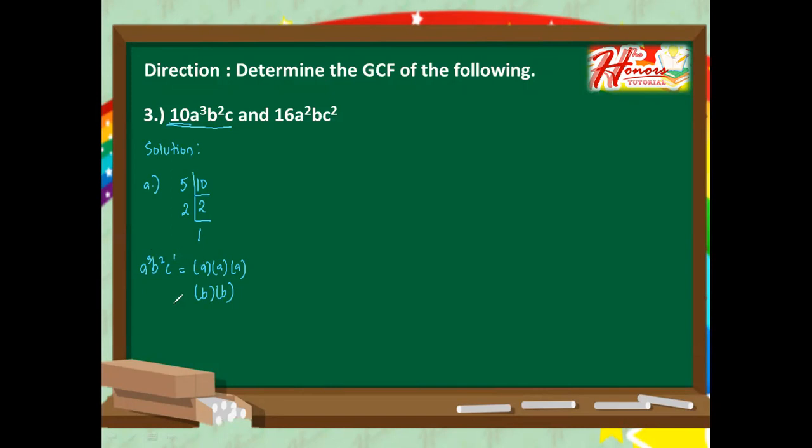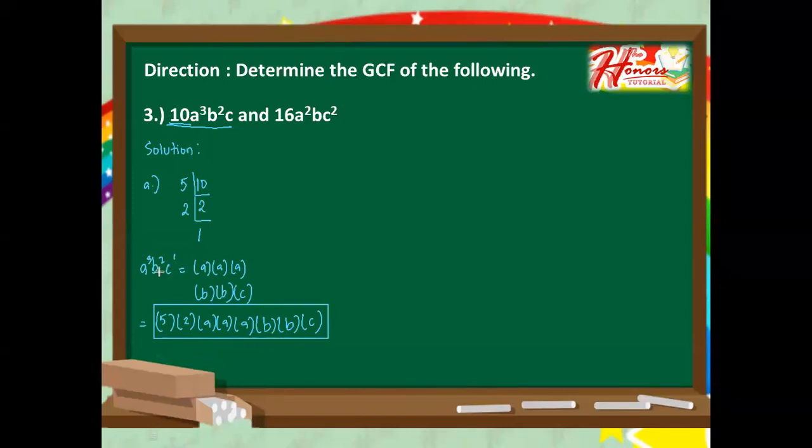It is because if your exponent is equal to 1, it should be an invisible number. So times c. So now we can conclude that the factors of 10a cubed b squared c is 5 times 2 times a times a times a times b times b times c. So this is the factor itself.